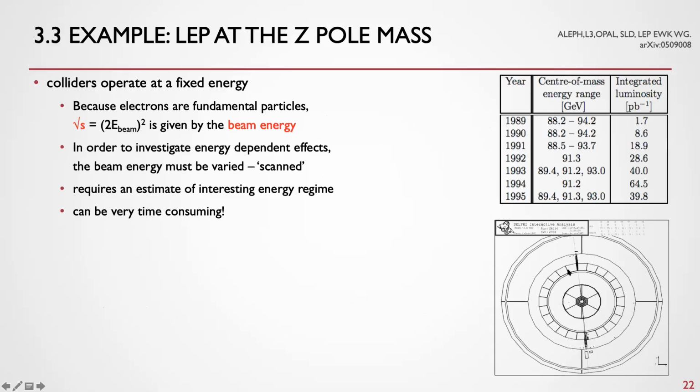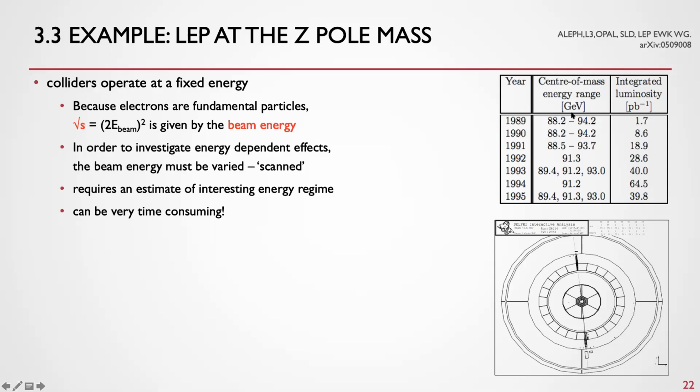Let's look at how clean it is. We've talked a few times about the Large Electron Positron Collider, LEP, and here I present some results from the Z pole mass, where the lab ran at center of mass energies close to the Z mass.